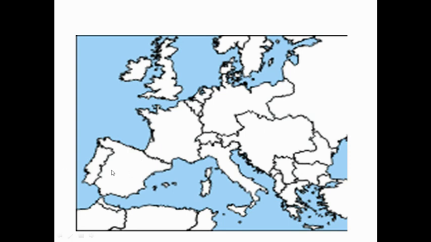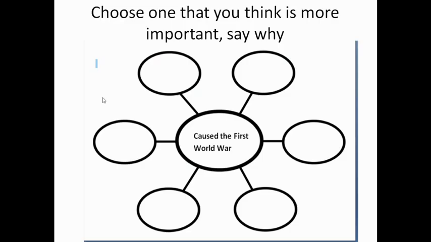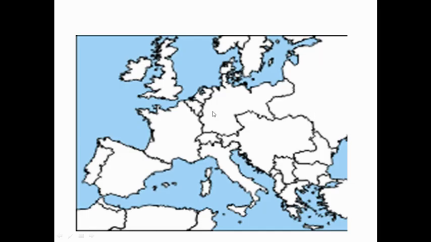So you can do Spain, for example, in a different colour. Use the map that's on the video to help. So the 3 things you're doing are you're writing down all the important causes in these bubbles. You're choosing one that you think is more important and you're going to make an argument. Why is it more important? And then you're going to colour in this map.